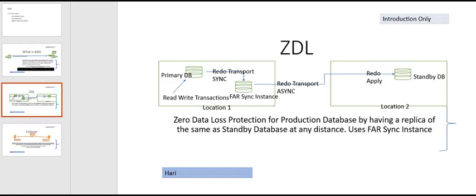Remember, the far sync instance has to be in a nearby location of the primary database so that it can offload the actual redo transport job from the primary by taking redo transport in sync from it. So location 1 should have the primary DB and the far sync instance in the same data center. Location 2 is our DR.